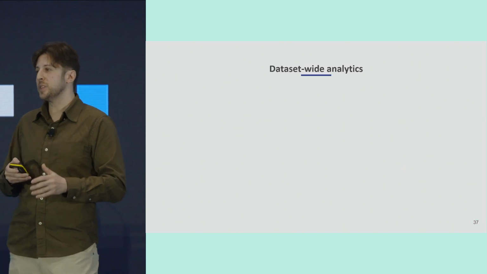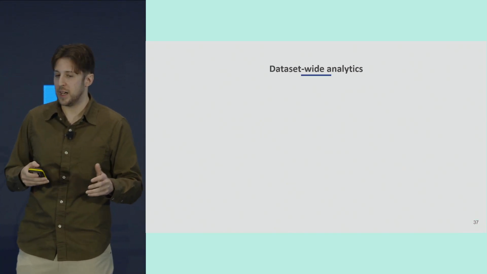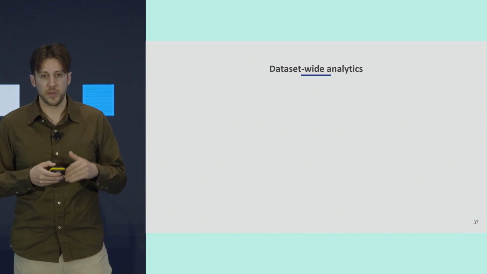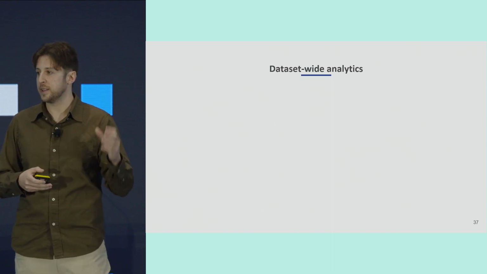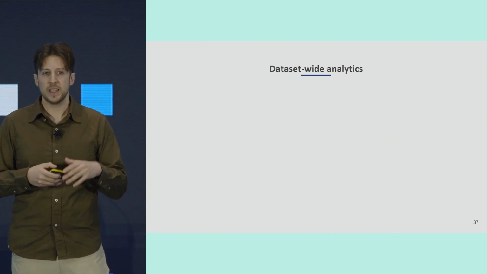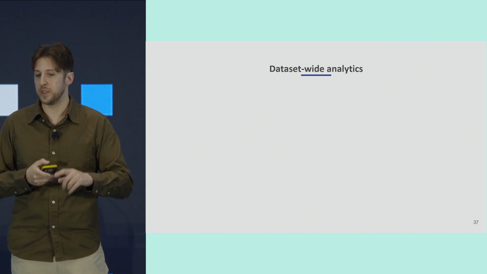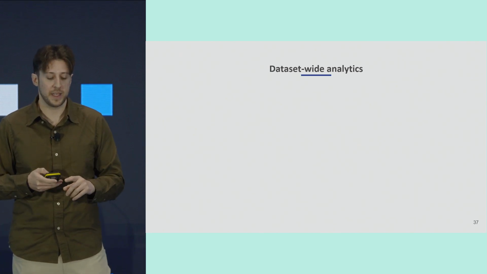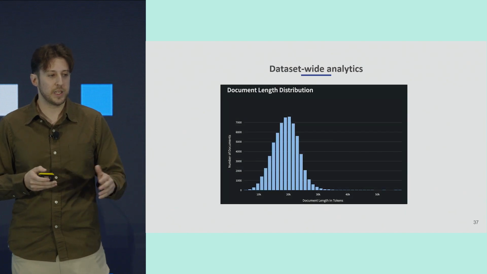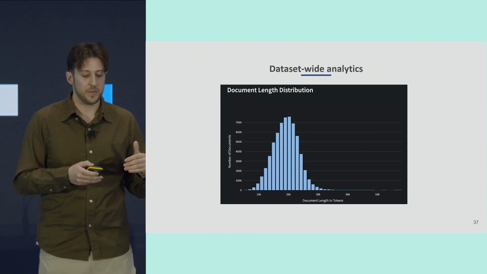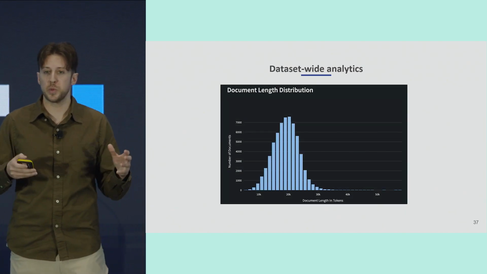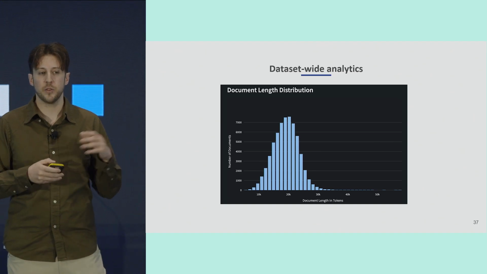But Lilac is really just most suitable for samples. And so if you do have the need to do analytics on top of your entire data set and to get distributions for a lot of the things that we care about, like either the quality signals or other metadata, we've built various tooling to help us do things like calculating the distributions across your document length and other metrics.